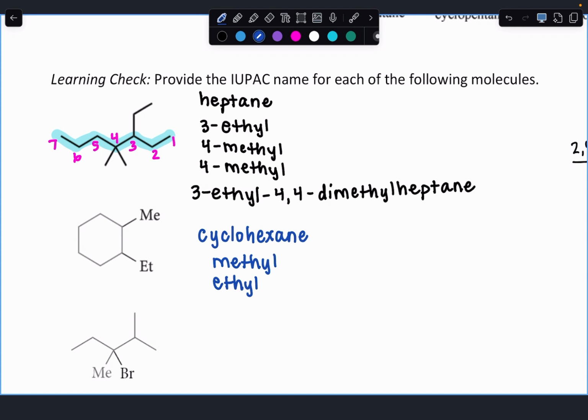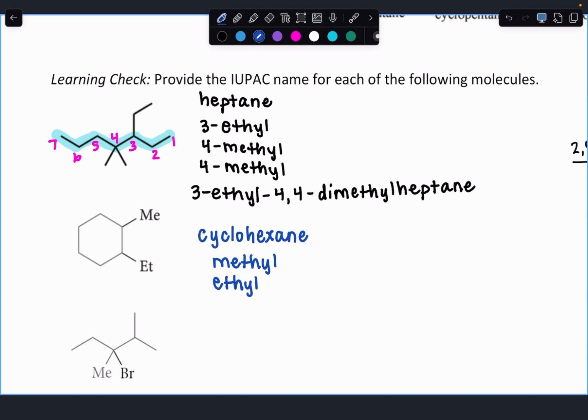And then, how do we pick 1 and 2 now? We could pick 1 here and 2 here, or 1 here and 2 here. When you number carbons in a ring, you have to go in one direction, right? So 1, 2, 3, 4, 5, 6, or 1, 2, 3, 4, 5, 6. The only difference in those 2 numberings, of course, is which substituent gets number 1, which substituent gets number 2. The way we decide that is now alphabetically.